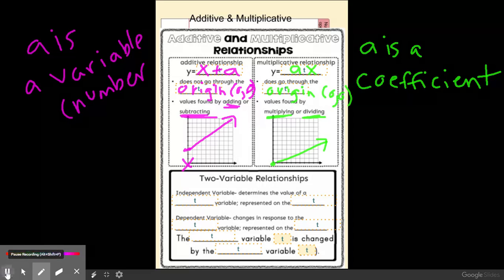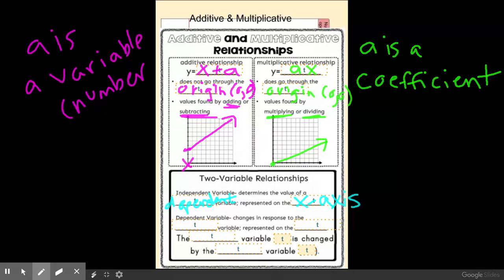Okay. All right, for this bottom part, it says the independent variable. So we've talked about independent variables before. The independent variable determines the value of a dependent variable, and it is always represented on the x-axis.